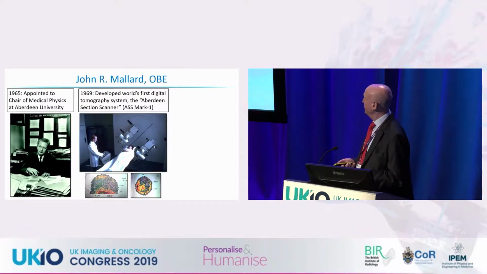In 1969, he and the team at Aberdeen developed the world's first digital tomography system. There had been analog tomography systems before, but they developed the world's first digital tomography system, the Aberdeen Section Scanner, or AS, wonderful name. That's the AS Mark I scanner there, and it produced tomographic scans of the brain like that, and the body too.